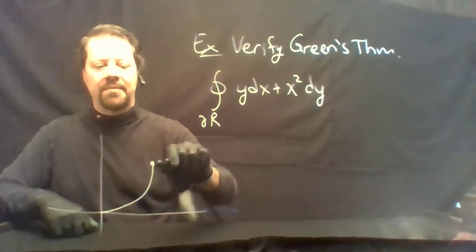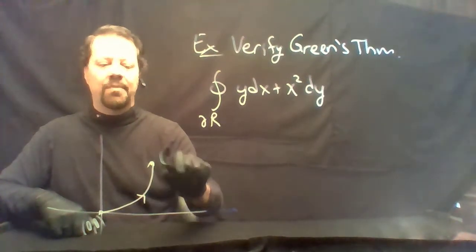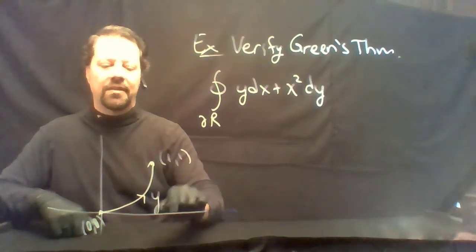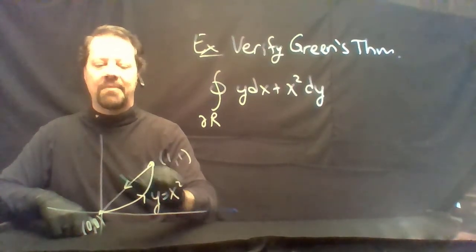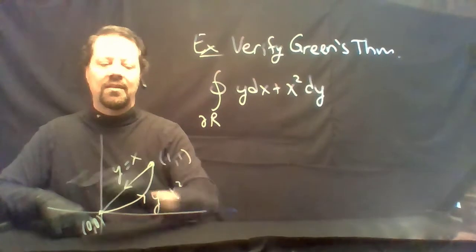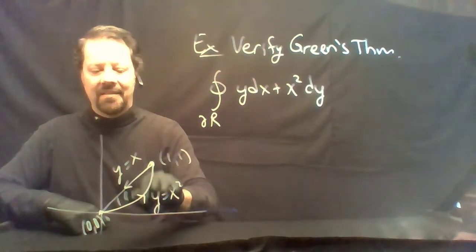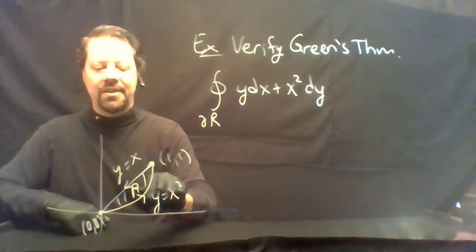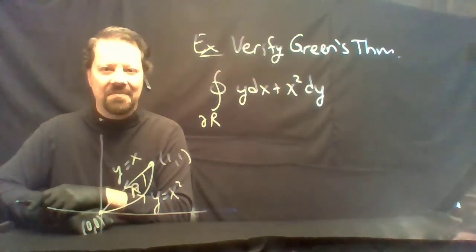We're going to go from 0, 0 to the point 1, 1 along the curve y equals x squared, and then we're going to go straight back along y equals x. That's going to be the boundary of the region. The region R is the region in between these two curves.